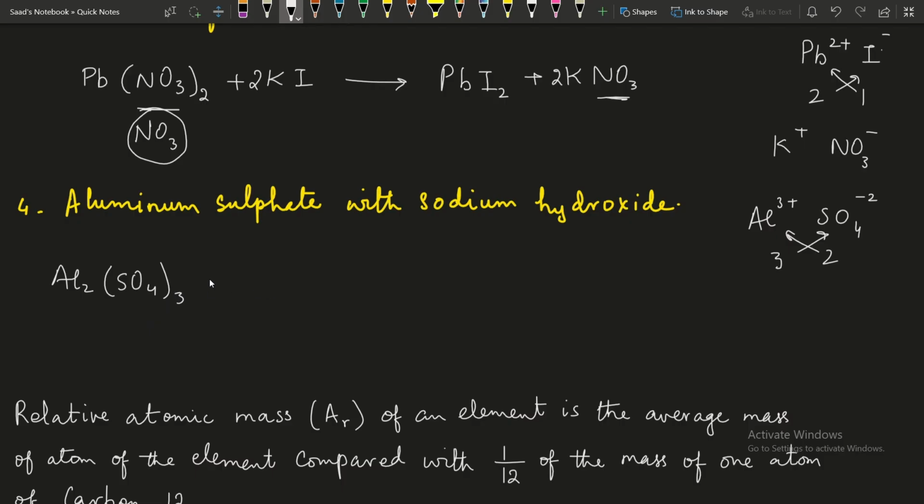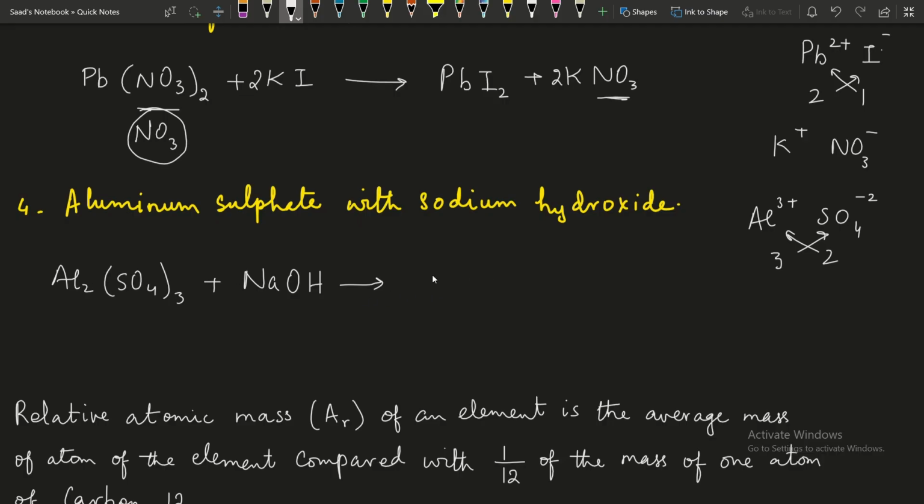The subscript is 3. Then sodium hydroxide, NaOH. Sodium has +1 charge on it and the OH hydroxide group has -1, so they both balance each other.